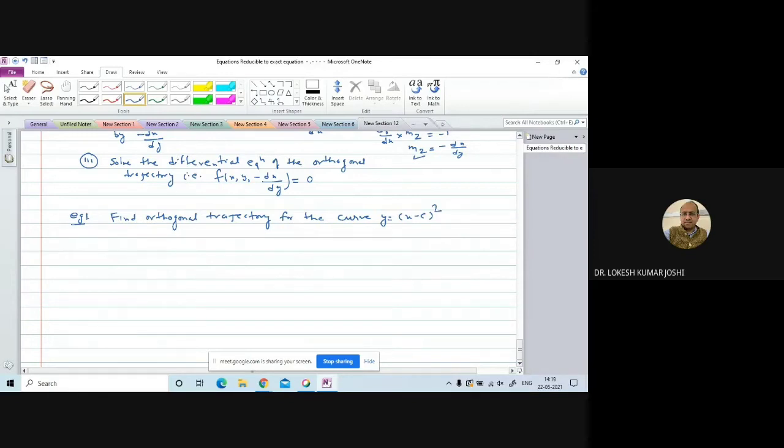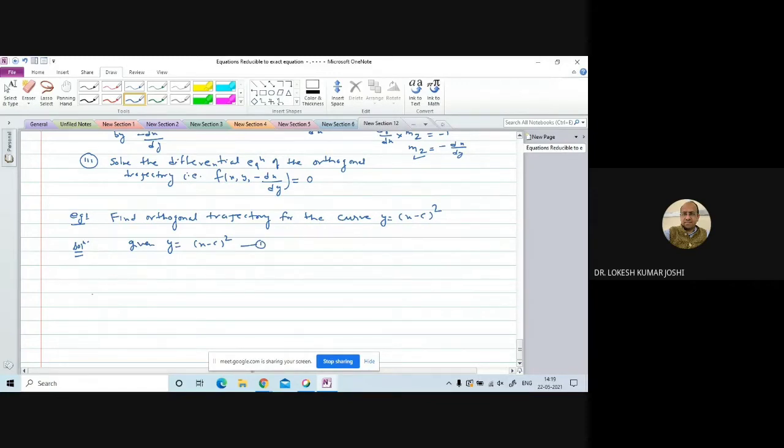Suppose we have this curve y = (x - c)^2, and we have to find the orthogonal trajectory for this curve. So the solution will be, at first we write the given curve. Given y = (x - c)^2, say it is equation number 1.